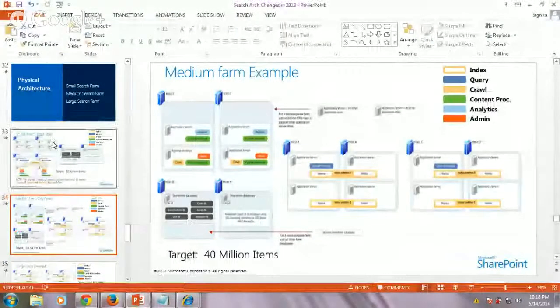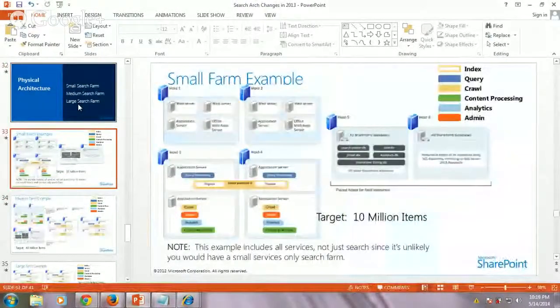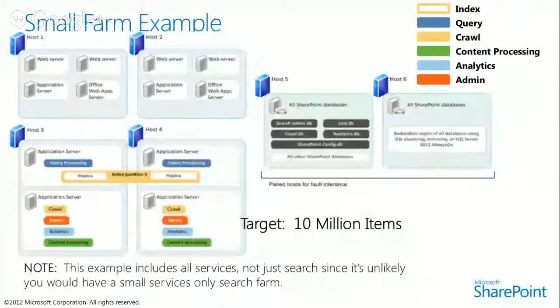All right, great. So I was talking about the physical architecture of SharePoint 2013 search environments. So we're going to take three types of farms into consideration, starting with a small farm. A small farm ideally will have, we assume, around 10 million items that need to be crawled.